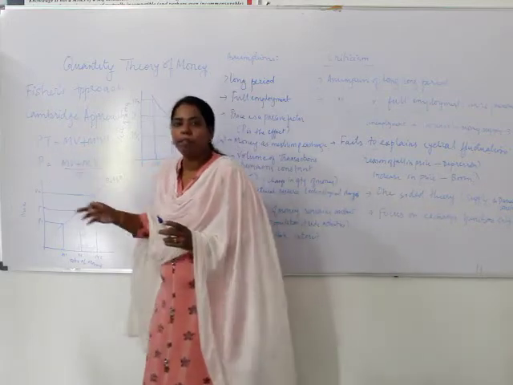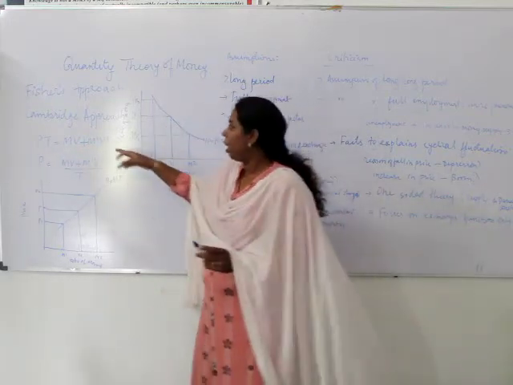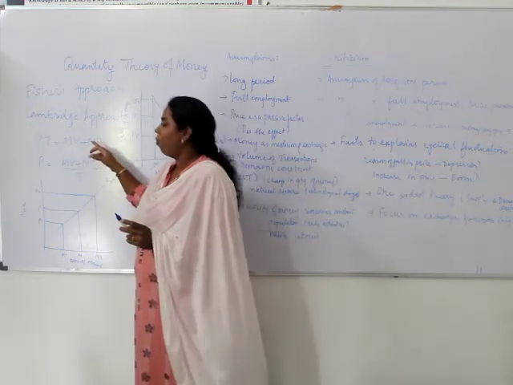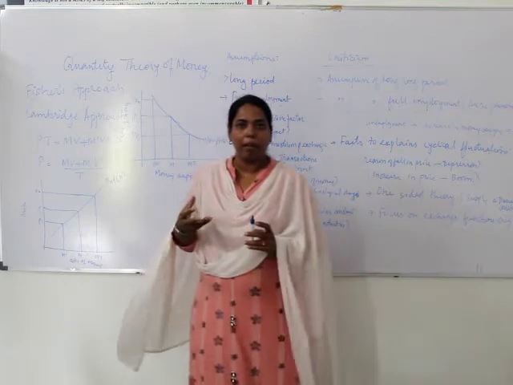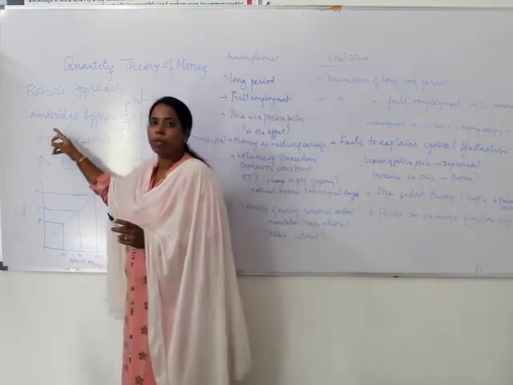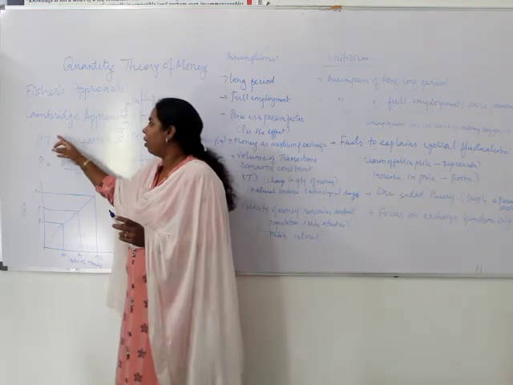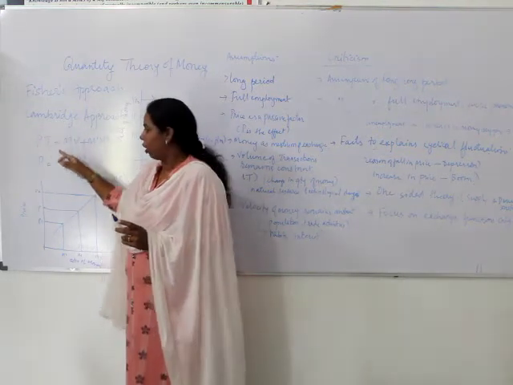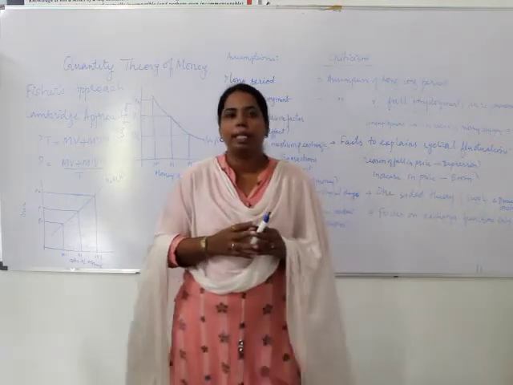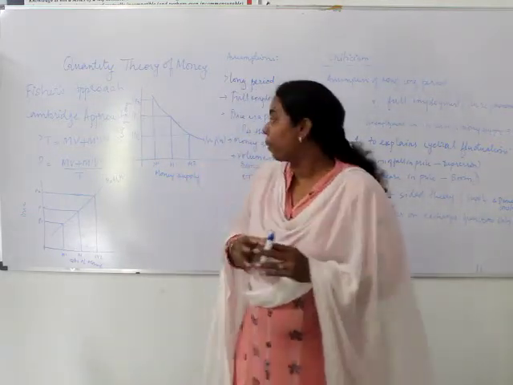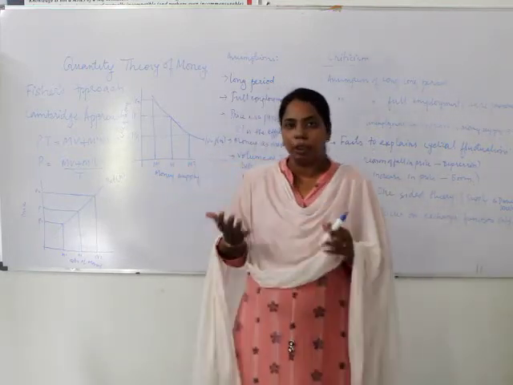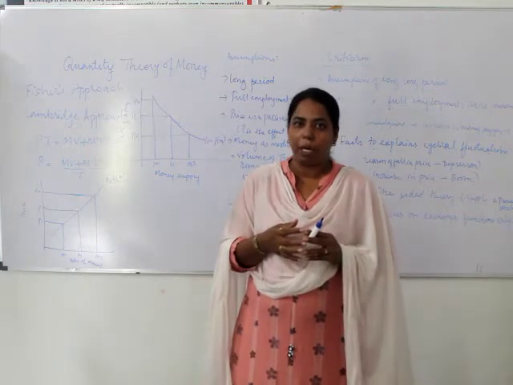Basically, Fisher has given the equation PT = MV + M'V', whereby M is the money supply, V is the velocity of money, P is the price level, and T is the total number of transactions, the goods which are exchanged. So what Fisher has said is that the price has a relationship with the quantity of money or money supply.